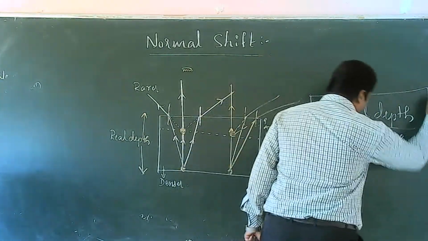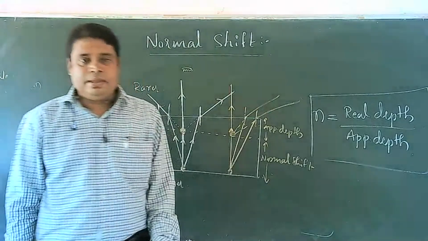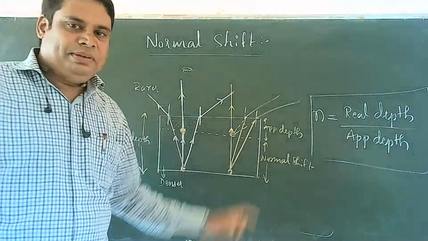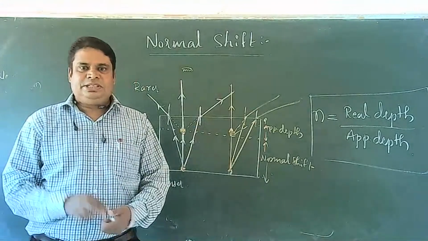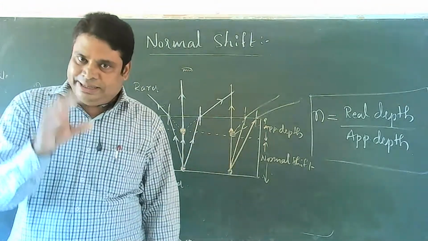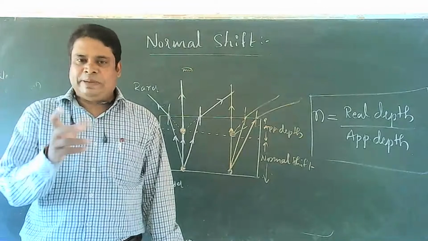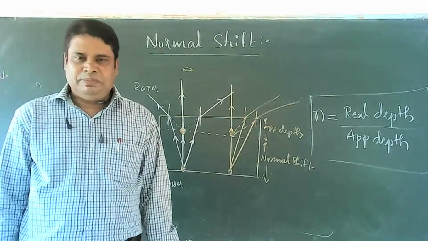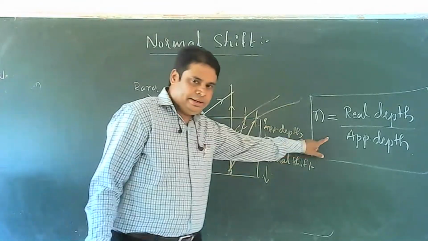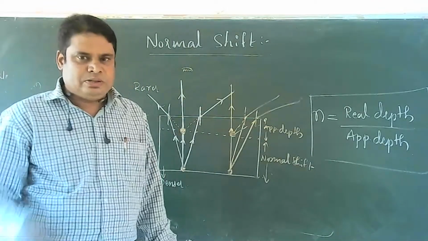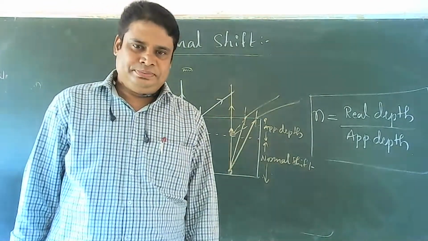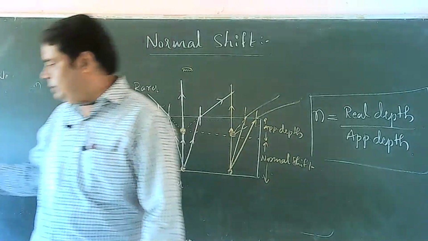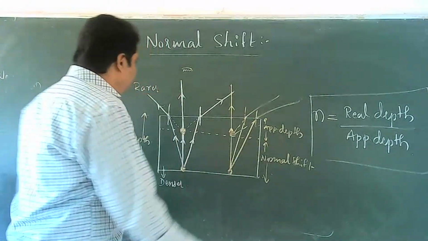This is a formula which connects refractive index of material with its real and apparent depth. This experiment you have to conduct in the lab using a spectrometer. Please remember, this is very much helpful there. This formula is also helpful in solving some of the problems also. Okay? Hope you understand.